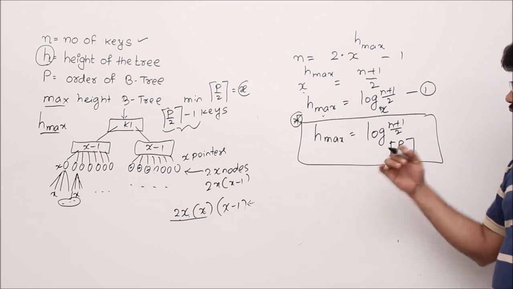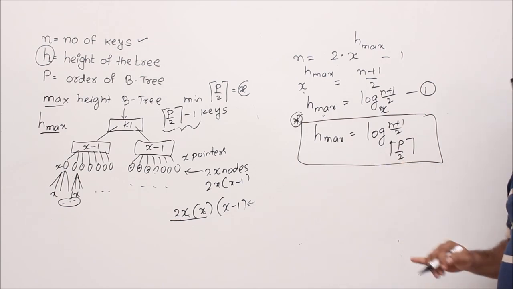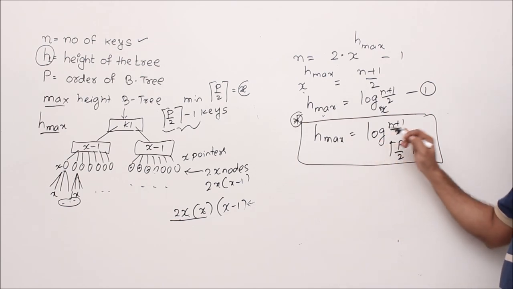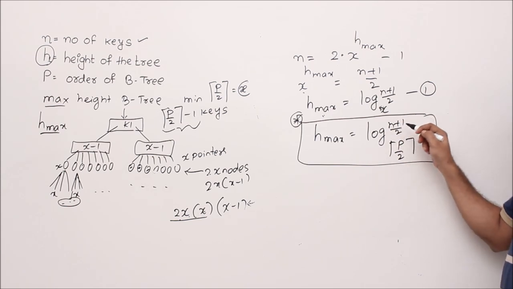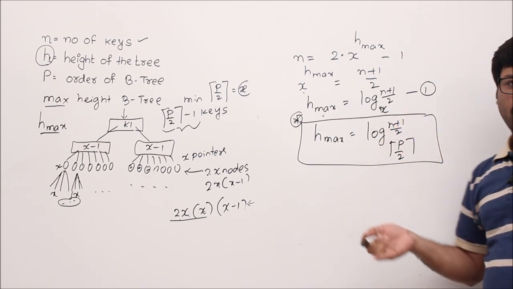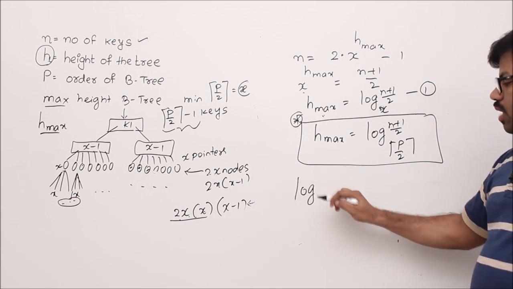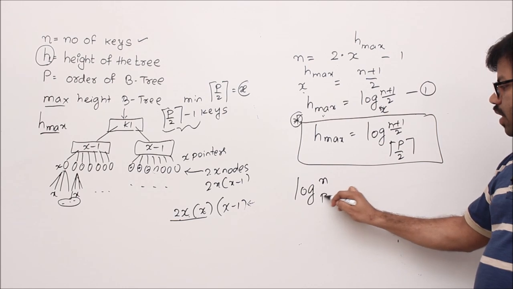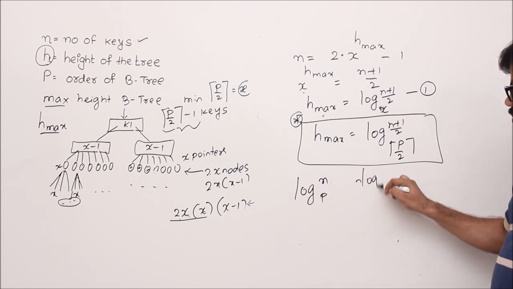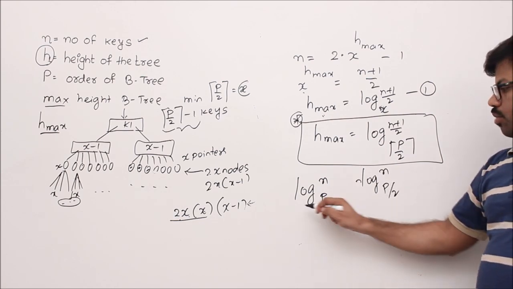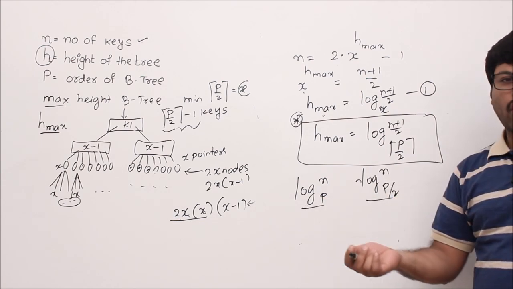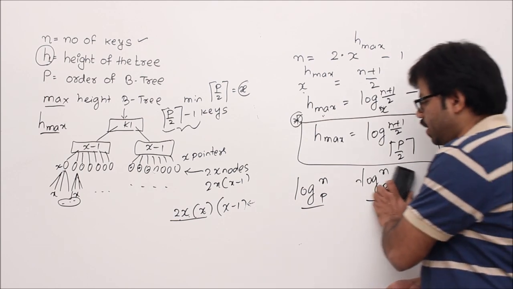So finally, if you see approximate answer, otherwise asymptotic answer, log n plus 1 by 2 can be imagined as log n, right? Log n base p by 2. So did you remember the approximate answer for minimum height is log n base p? Here it is log approximately n base p by 2. That is the difference. So minimum height, maximum height, it is log n, right? Approximately, asymptotically it is same.